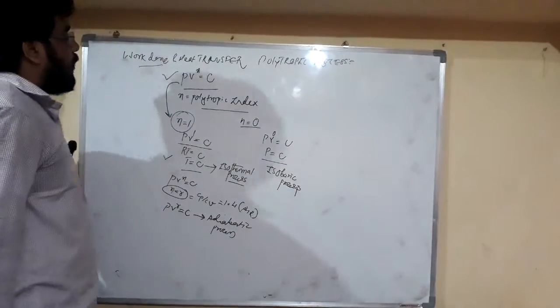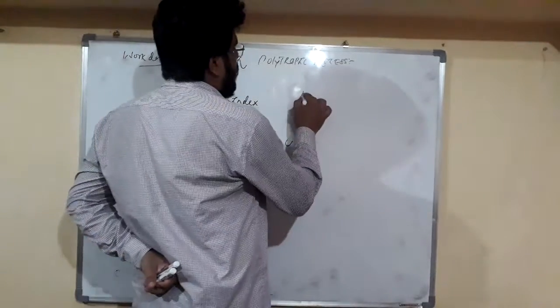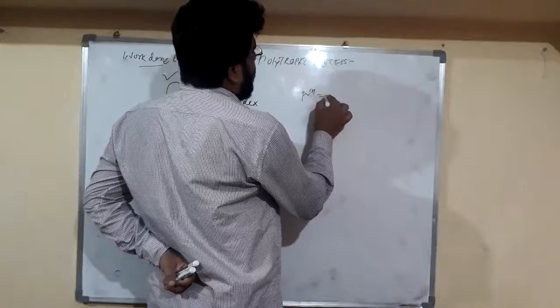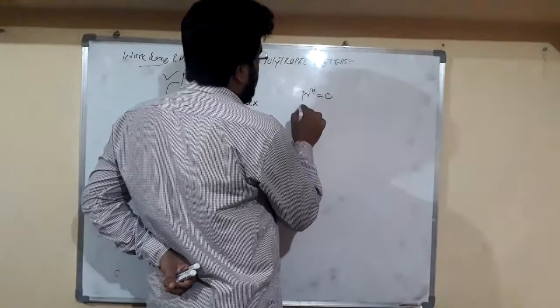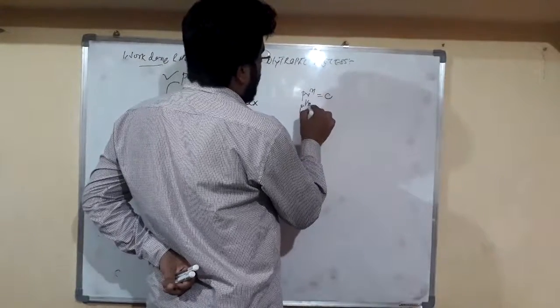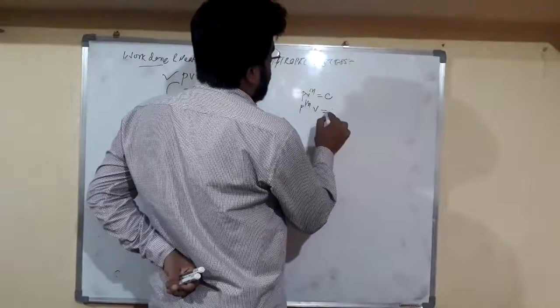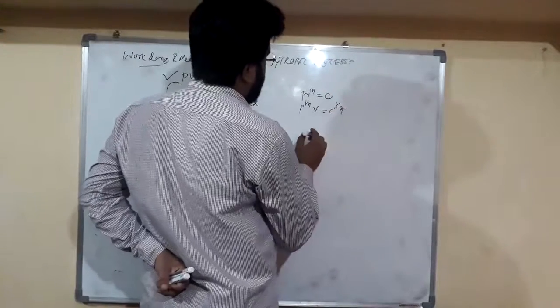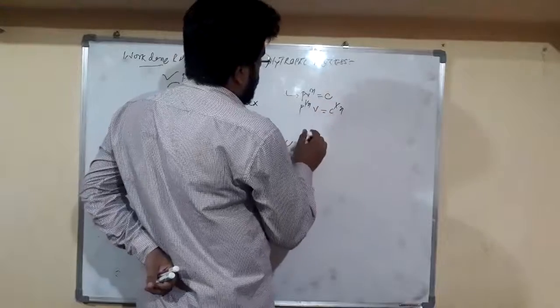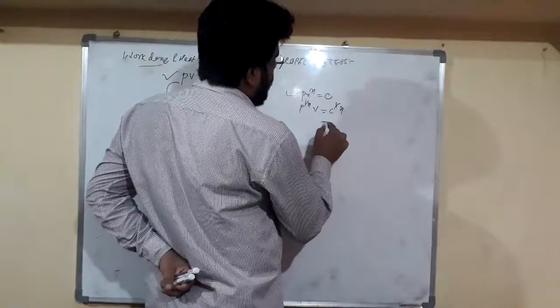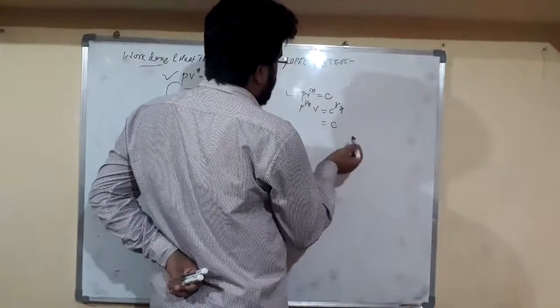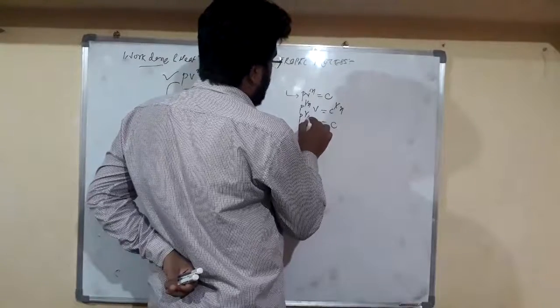Dear friends, we can write PV^n equals constant as P^(1/n) V equals C^(1/n). So our C^(1/n) becomes also a constant C.